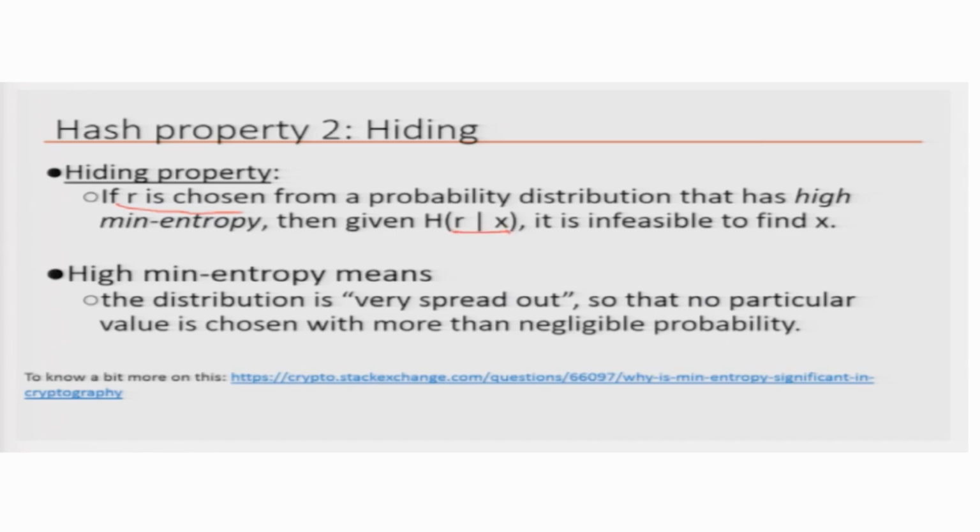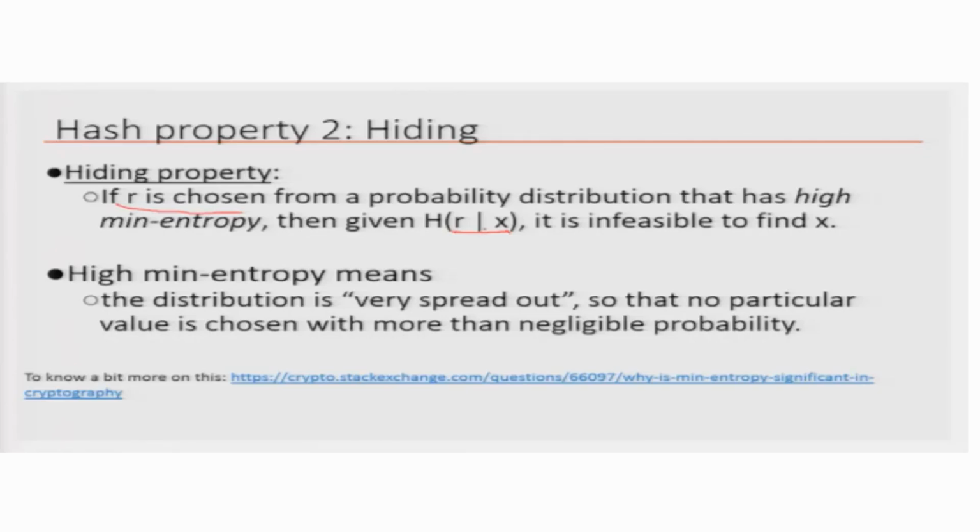What does high min-entropy mean? In very broad terms, it means that the distribution is pretty uniform, because if the distribution is very skewed, then certain numbers are more likely and certain numbers are less likely to be picked when you pick the random number. So, the distribution should be more or less uniform or spread out, so that R cannot be guessed with high probability.